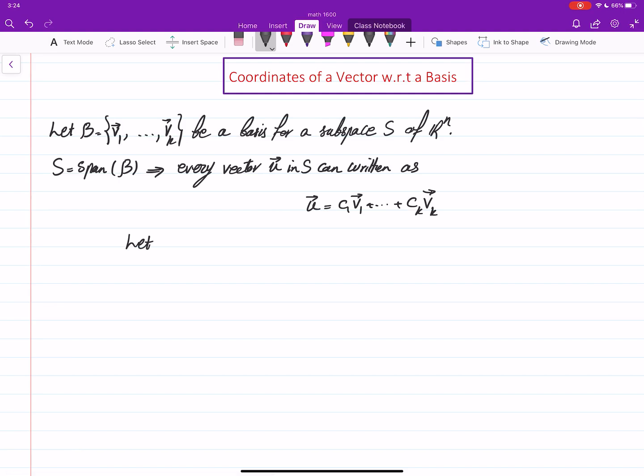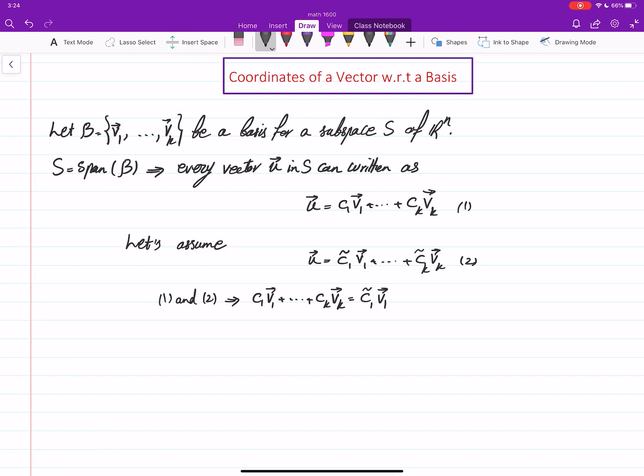If there is any other one, let's assume that there is another version. So u is this time equal to c1 tilde v1 plus up to ck tilde vk. And since these two are equal to u, 1 and 2 together imply that c1 v1 up to ck vk is going to be equal to c1 tilde v1 up to ck tilde vk.